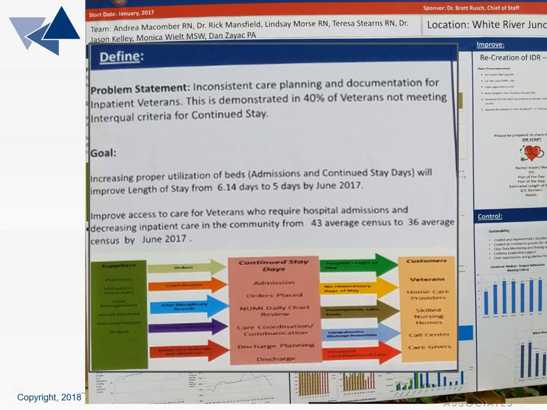The name of the project is Decrease Length of Stay and Optimize Bed Utilization through Interdisciplinary Rounding. This A3 report includes the problem statement, the goals, and a SIPOC diagram. The problem statement is clear and concise. It could have been enhanced by defining the period of time in which the measurement was tracked. The goals are SMART compliant.